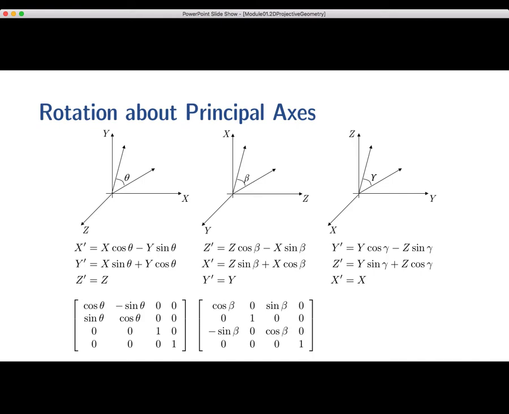Instead of x prime here, write y prime. Instead of x, write y. Instead of y, write z, and so on. Exactly did that substitution. I get this equation, and that comes out to be this system. X prime, because I'm now rotating about x, the x coordinate is an identity element in the matrix. The x row and column is an identity element, and y and z rotate according to a 2D rotation in the yz plane.